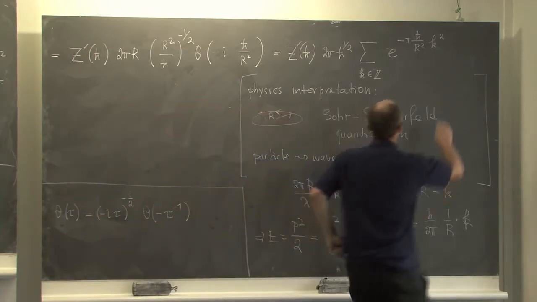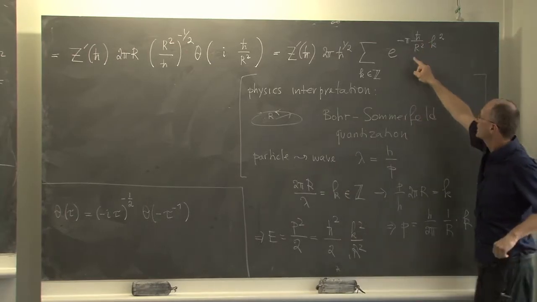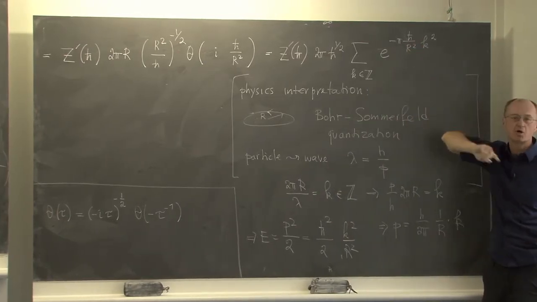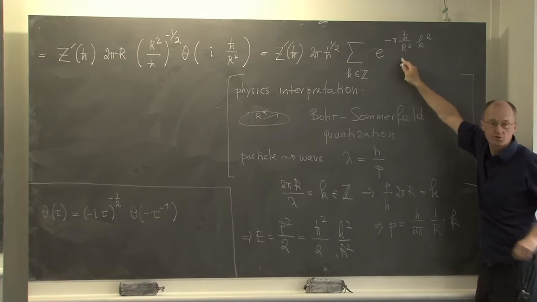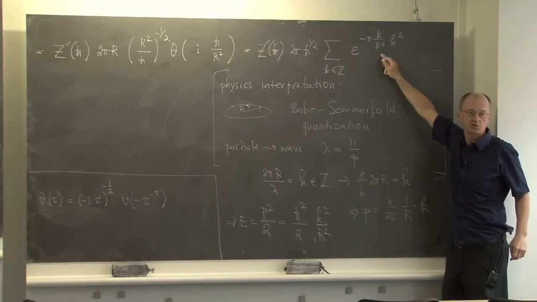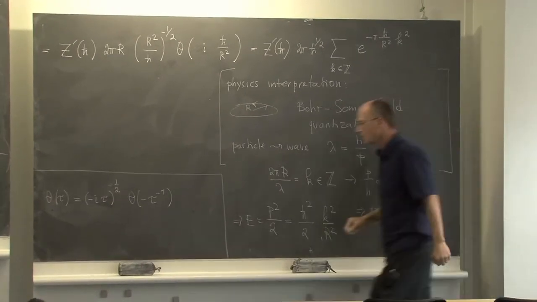That's up to the factor of 1 over h and pi, which come from our normalizations. That's what you see here. So these are the expressions that you see here.